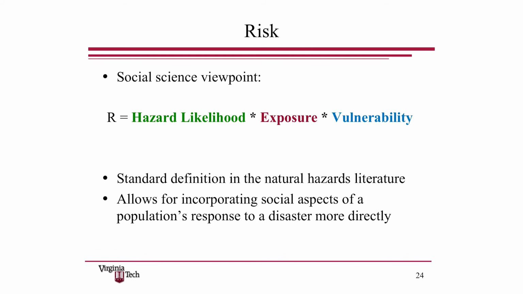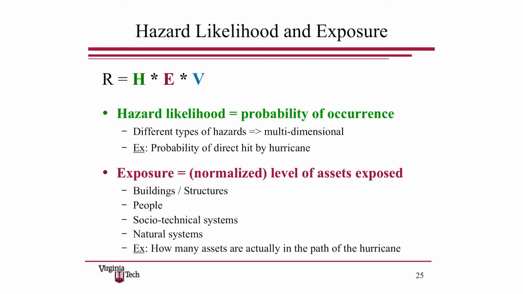Okay, I really like this definition of risk a lot because it does bring in the social aspects of things. It's not just how likely is it you're going to have the tornado and what buildings are going to be hit, but to what extent are the people or the owners or folks that are associated with that, to what extent are they actually going to be impacted?